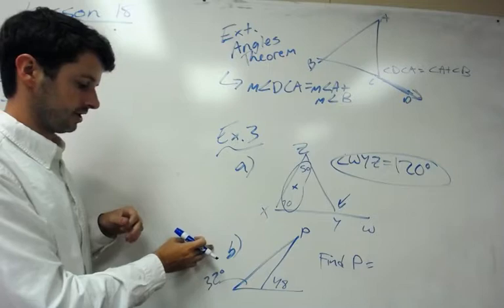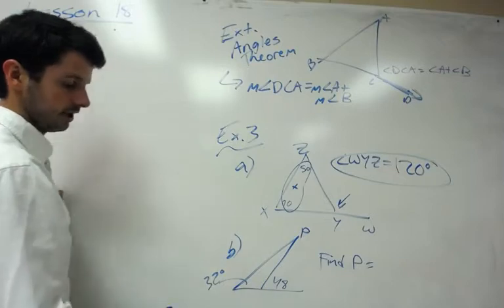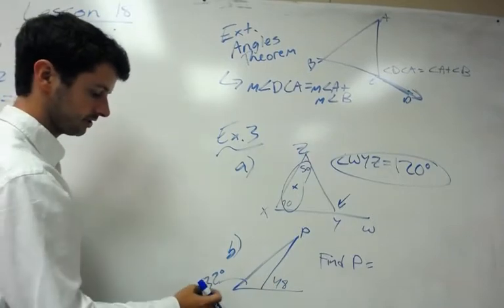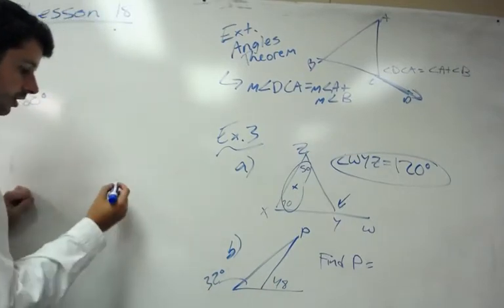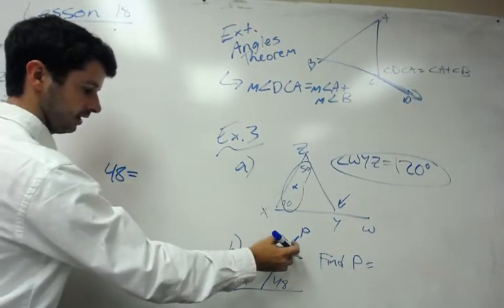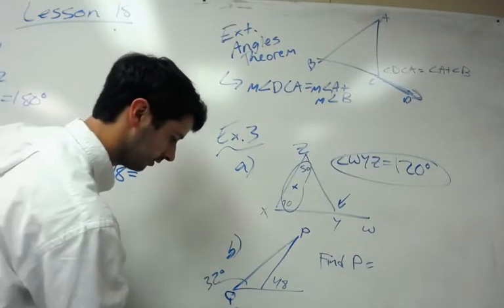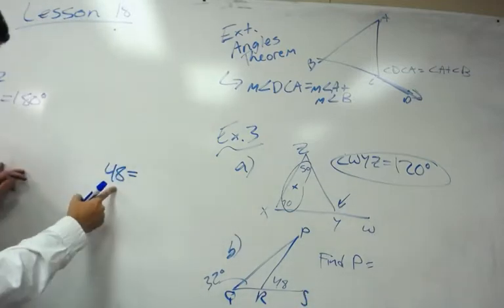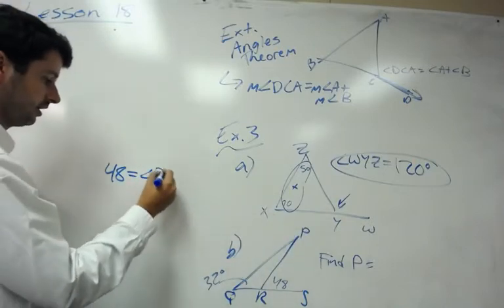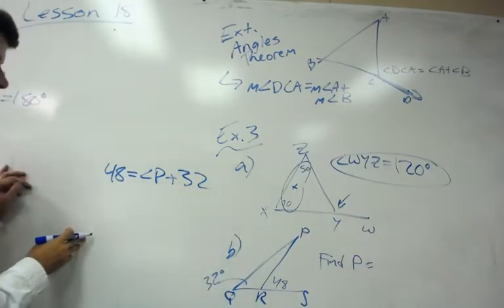It gives us one other example. It tries to trick you a little bit. It gives you 32 degrees, and then it gives you the exterior angle. All this one is working backwards. So we have 48 degrees, 32. Let's go ahead and plug in what we know. We know that 48 degrees would equal the sum of, let's see the letters of this triangle, QRS, angle Q and angle P. So angle P plus angle Q, we know that's 32, would equal 48.